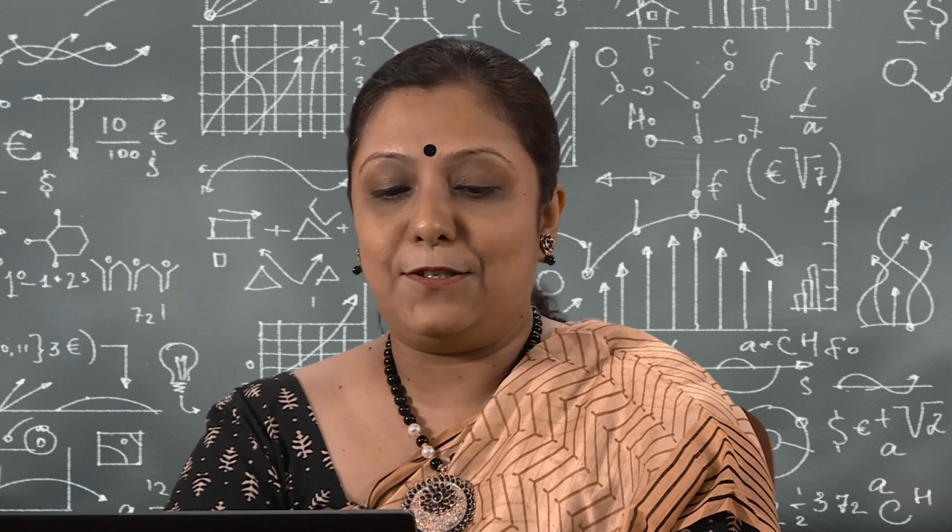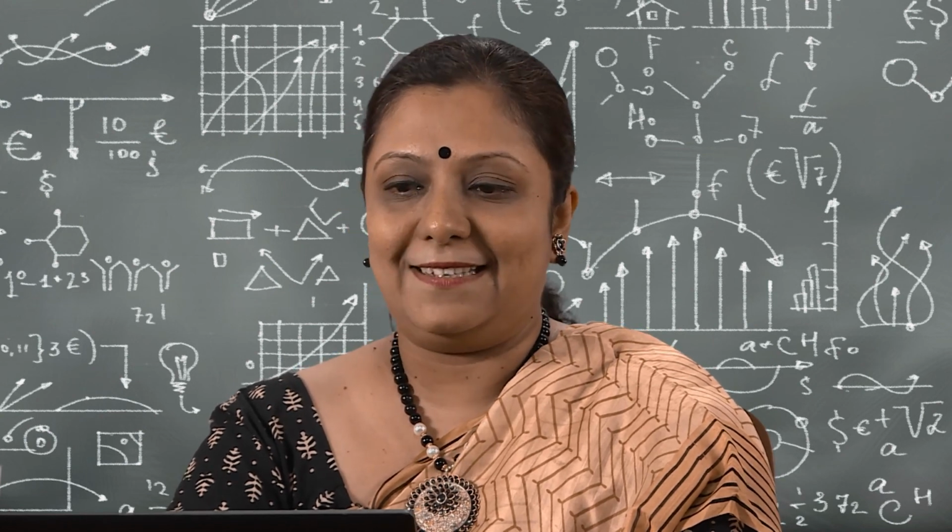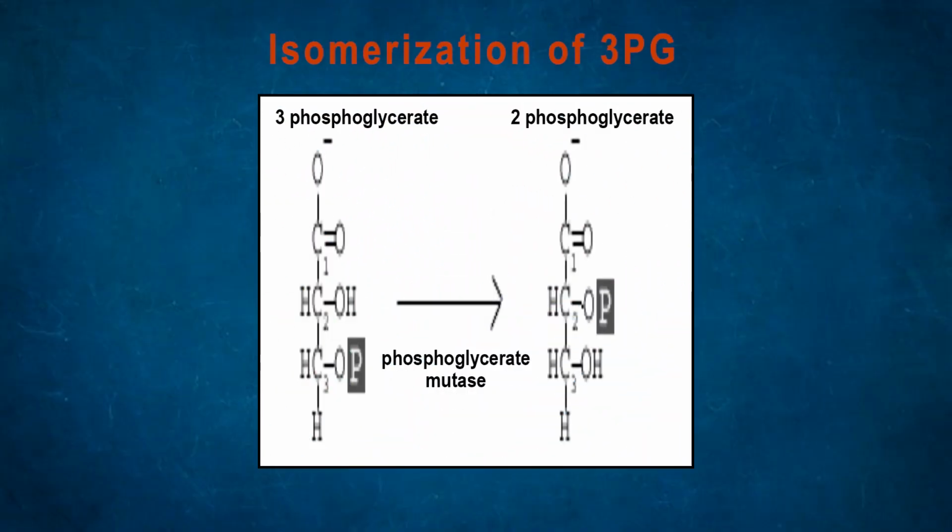Step 8, isomerization of 3-phosphoglycerate. 3-phosphoglycerate is converted to 2-phosphoglycerate. The enzyme involved is phosphoglycerate mutase. It relocates the phosphate from the third carbon to the second carbon. This step involves a simple rearrangement process.